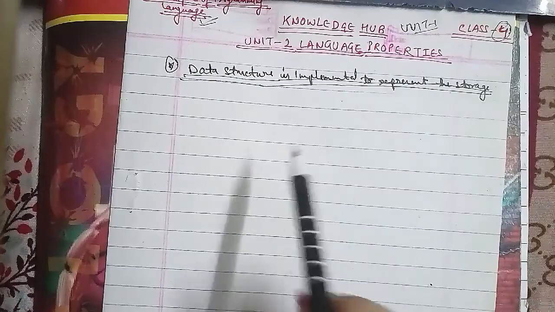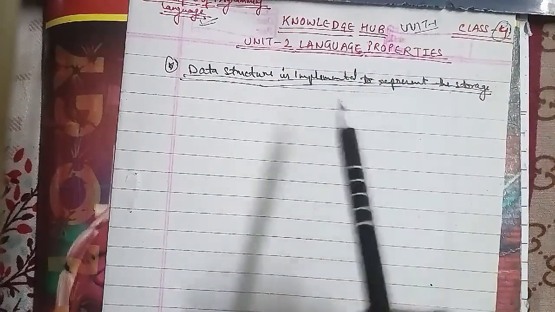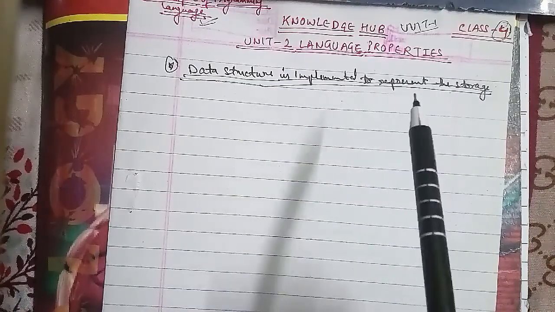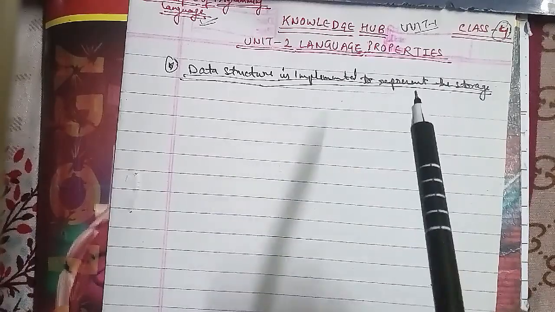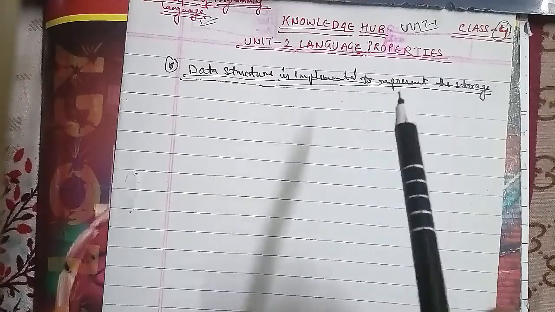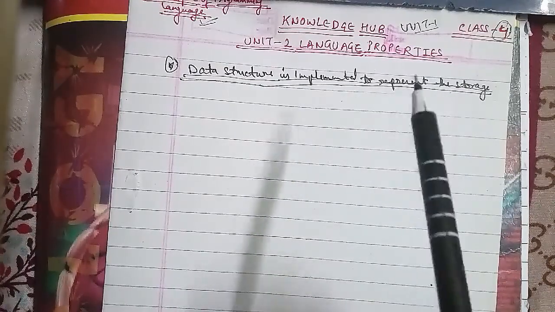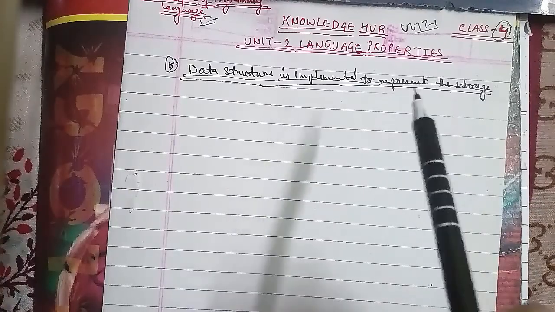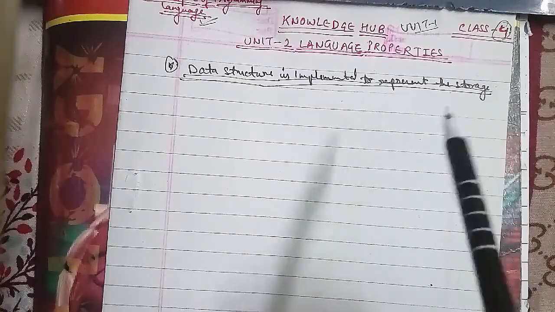This is the implementation consideration. The data structure is implemented to represent the storage, where the implementation considerations for data structure types include the same issues as for elementary types, and in addition, two new issues that strongly affect the choice of the storage representation: efficient selection of a component from a data structure, and efficient overall storage management for a language implementation as well.